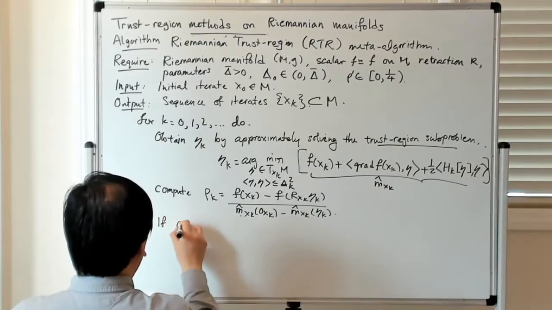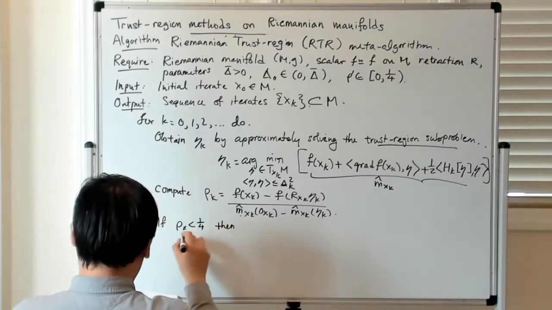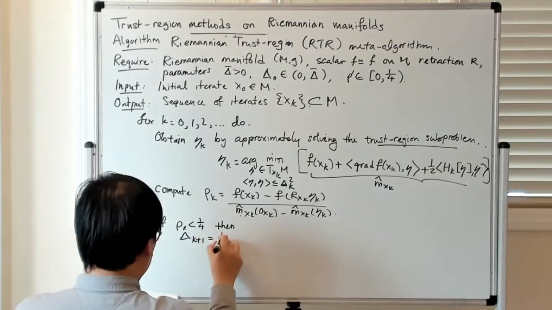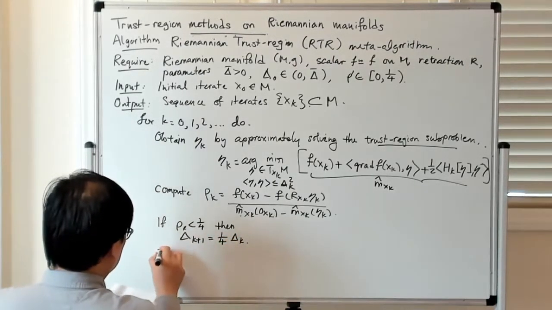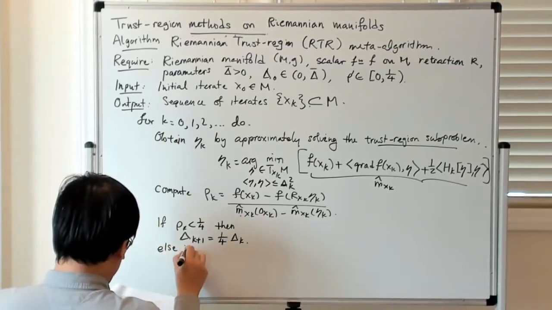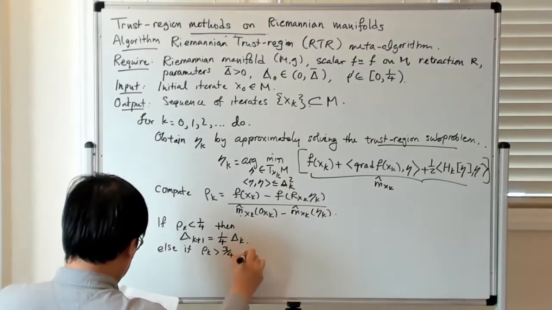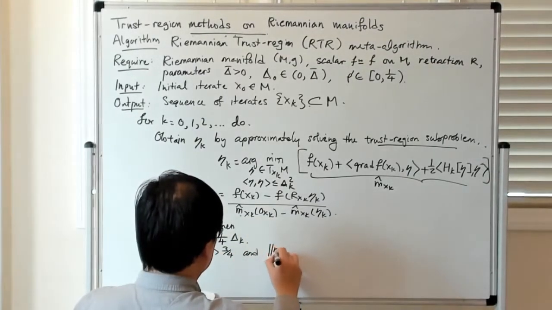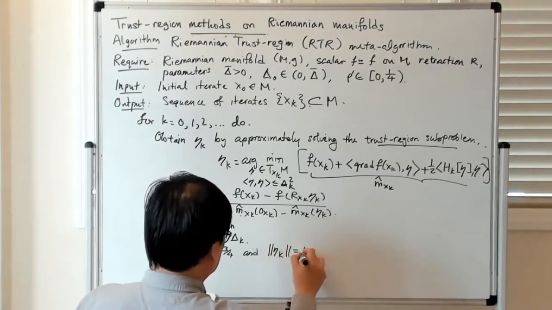So if rho k is less than 1/4, then you update delta by decreasing it, say, by a factor of 4. Else, if rho k is greater than 3/4 and the norm of eta k is equal to delta k.